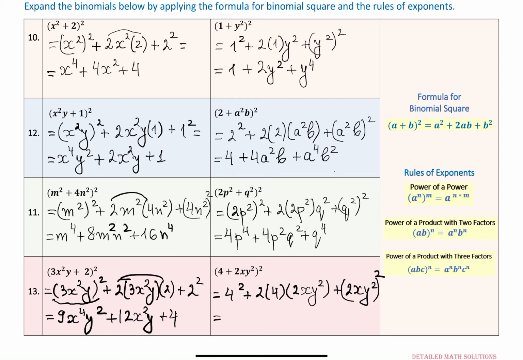This equals 16 plus 2 times 4, 8 times 2, 16 again, xy² plus 2², which is 4, x², (y²)², which is y⁴.